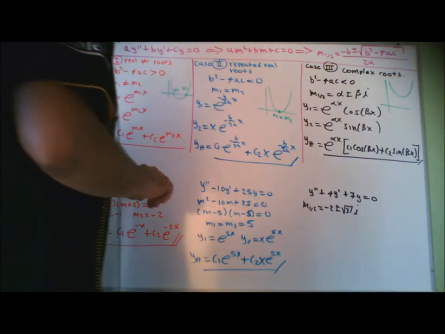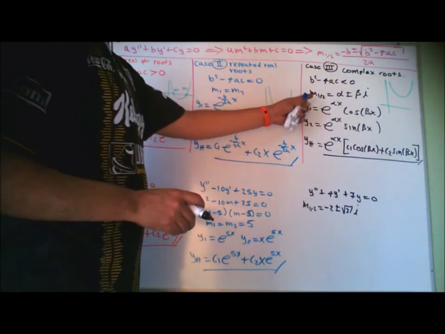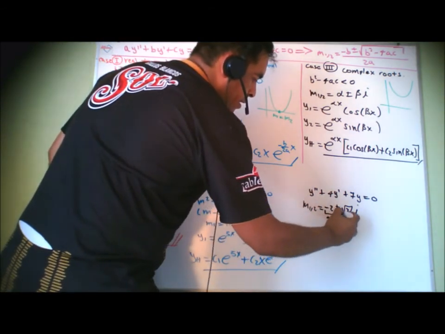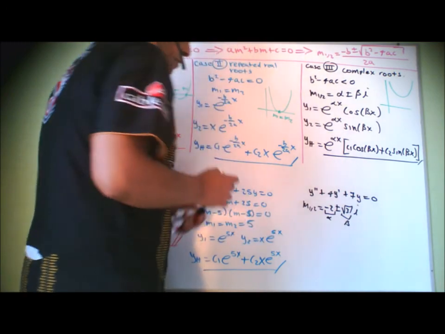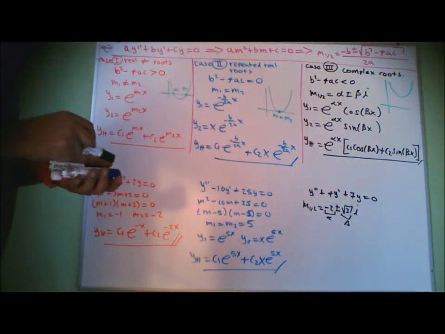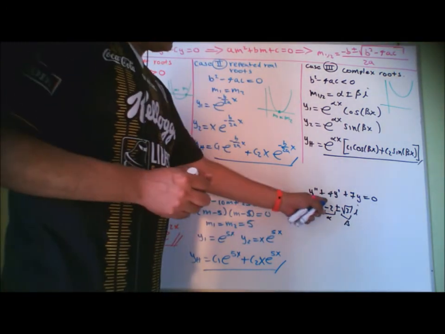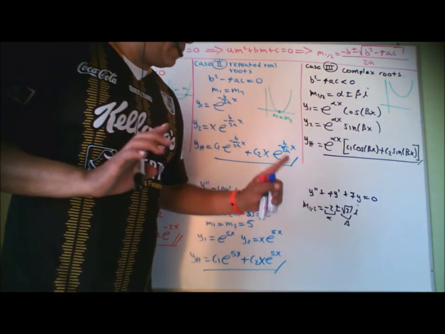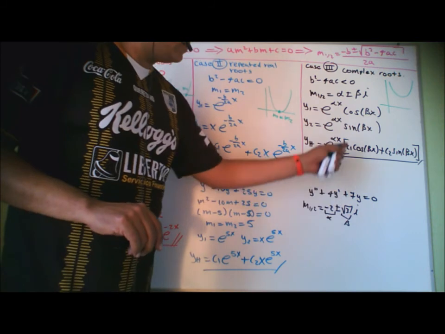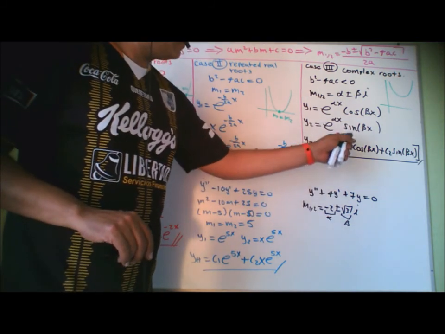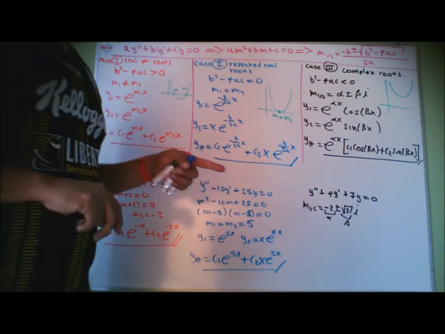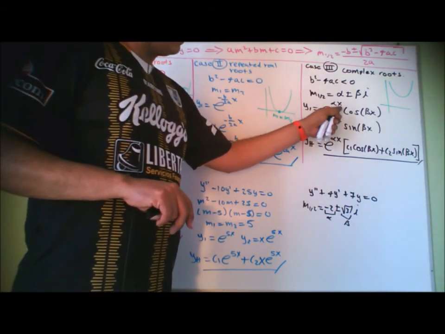Okay, so what you should do is just replace here the value of alpha and the value of beta. Now on the value of alpha you have to respect the minus, and on the beta you have positive and negative. But remember this, the positive goes with the cosine and the negative goes with the sine. So you don't lose the sign, it's just that they are here in the cosine and the sine.